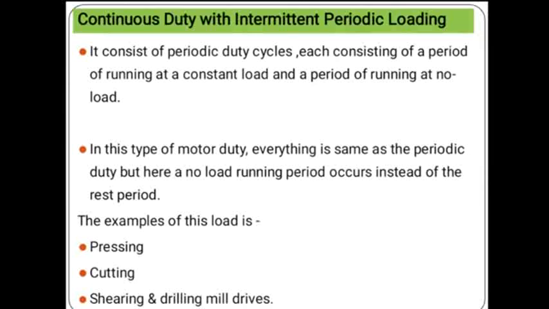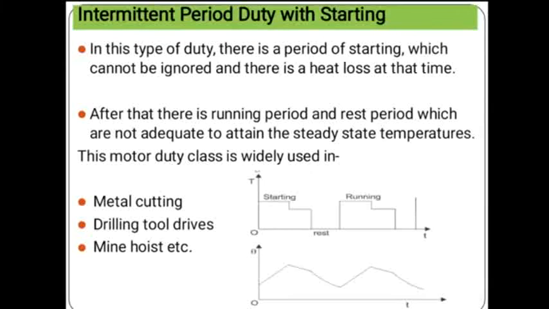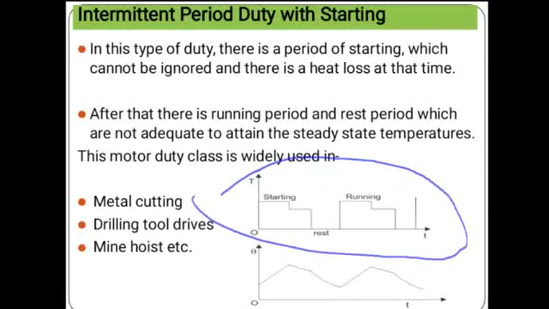Previously we have seen that, so let us go to the graph. This is the graph for this type of continuous duty with intermittent periodic loading. In place of rest there is no load. That means in the rest period the motor is on but at no load.